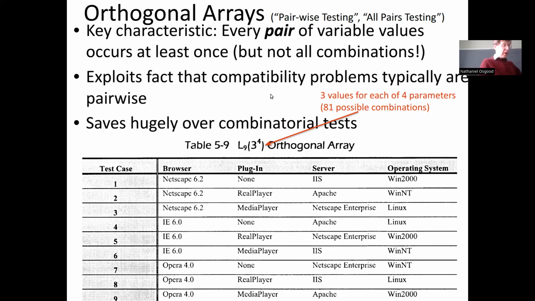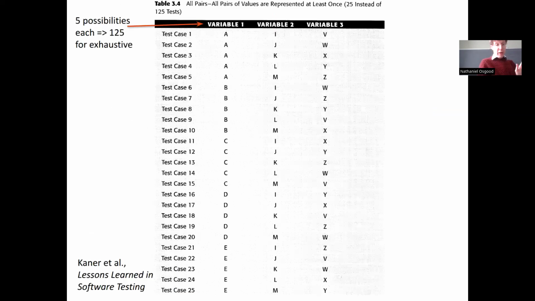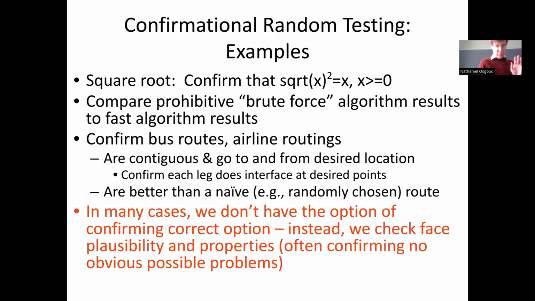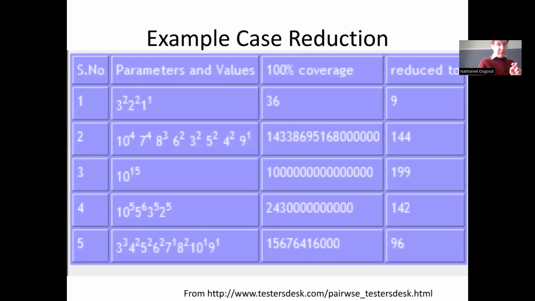So every pair of field 1 and field 2 is checked. Field 1 and field 3, every possible pair is checked. Field 1 and field 4, every possible pair. And you check all those pairs, but you can do it vastly smaller than that.